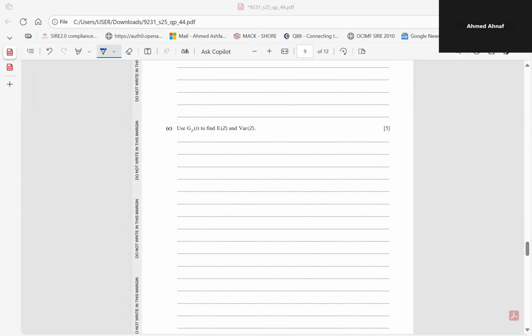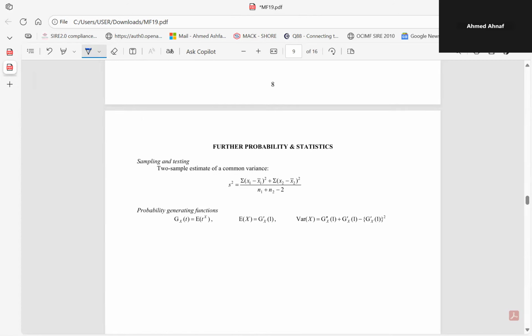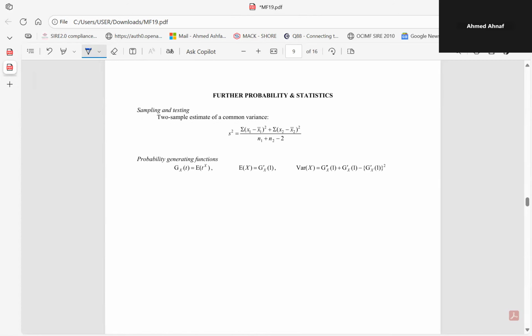Okay, so for the last part, we need to use the probability generating function G_Z(t) to find the expectation of Z and the variance of Z. To find the expectation, we can use this formula right here.